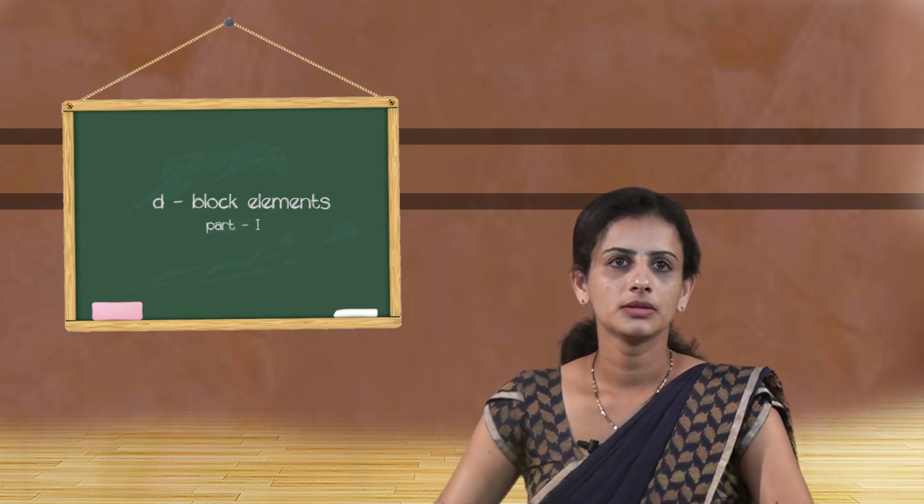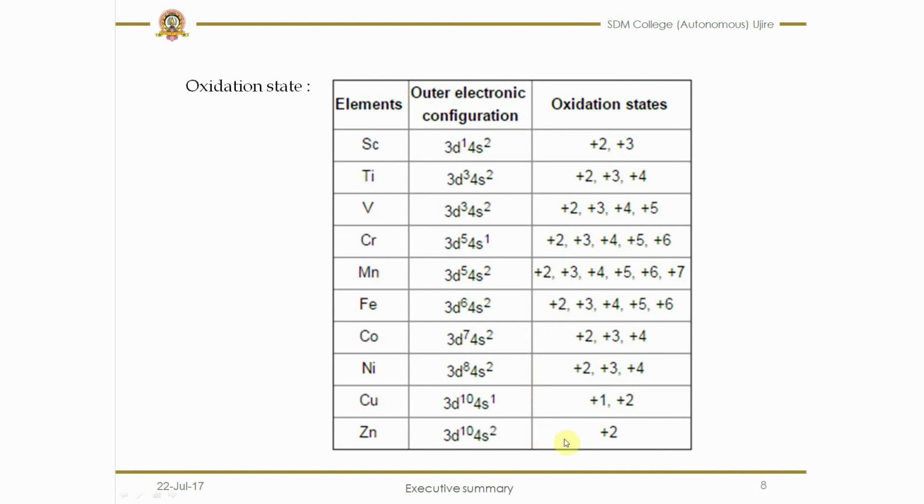See here, some of the oxidation states of the first transition series are given. Scandium exhibits +2 and +3 oxidation states. It exhibits +2 oxidation state when it uses its 2 4s electrons. It exhibits +3 oxidation state when it uses 2 4s electrons and 1 3d electron.